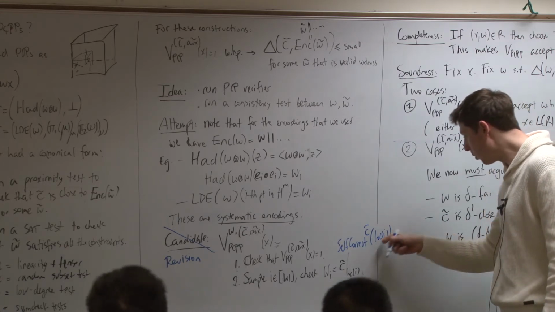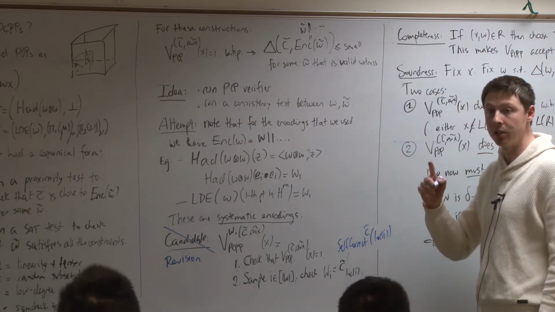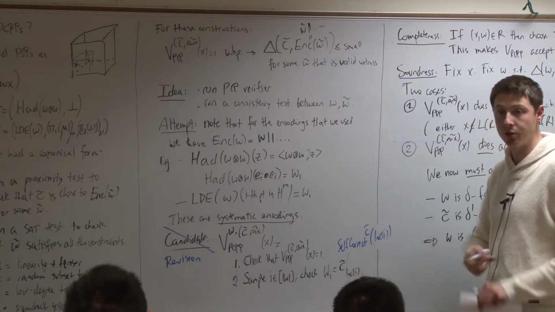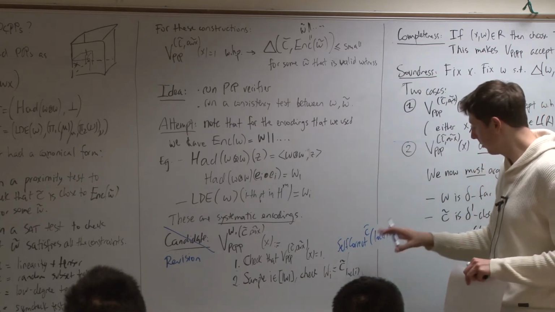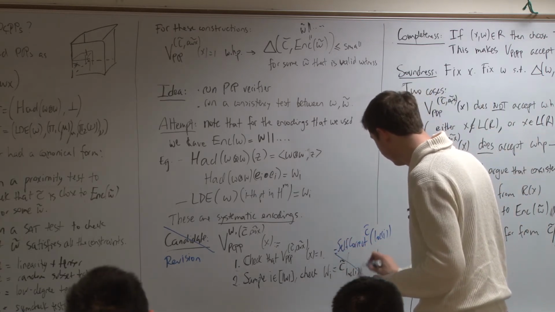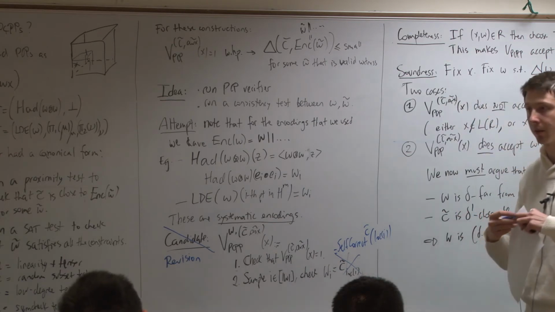I'm interested in what is the value of the unique code word that is closest to C tilde. And then you just query a few other locations, figure it out, you decode, and you compare that, okay? So we're not doing this instead, okay?